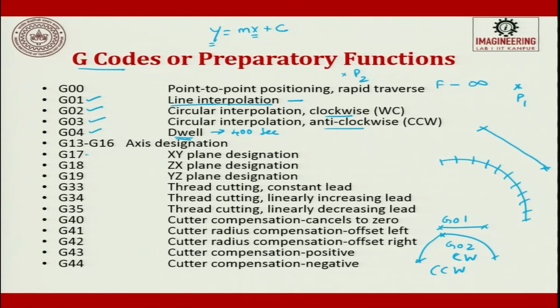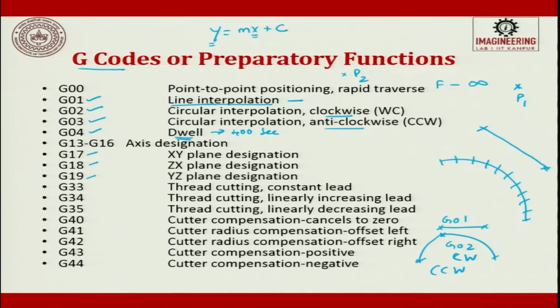Now, 17, 18, 19 are nothing but planes. In a circular component shaft you do not have to specify the planes, but when you do prismatic parts you will have to define the planes, whether you are going to write a program in the XY plane, YZ plane, or XZ plane, because if you take a cube you will have sides.